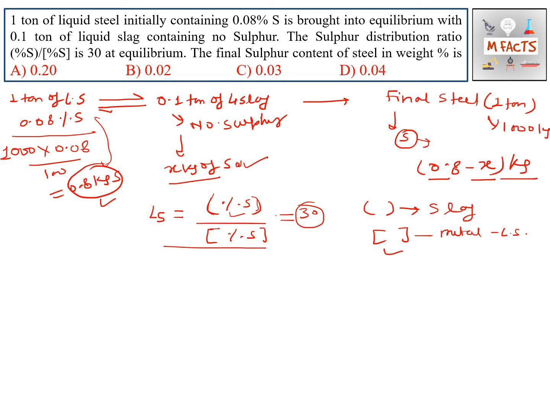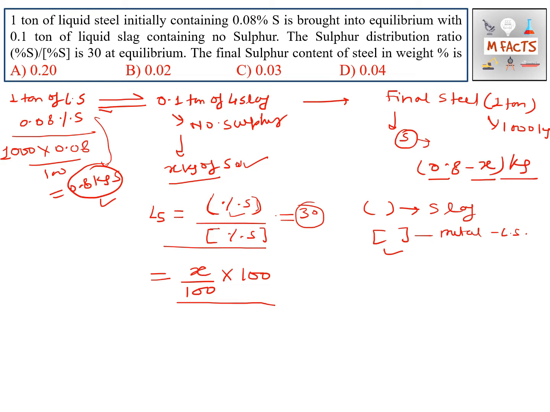Percentage sulfur in slag is x kg of sulfur in 100 kg of slag, since 0.1 ton means 100 kg, and we multiply by 100 to get percentage.